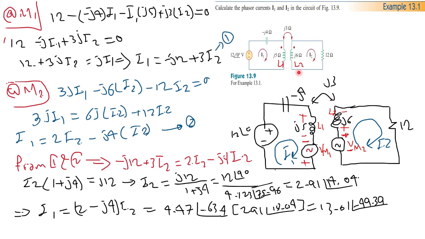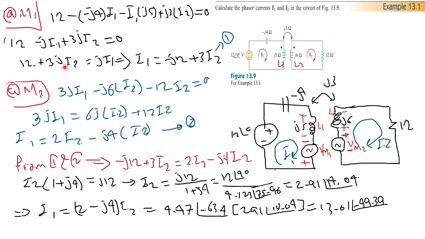Because it's an opposing connection case, the mutually induced voltage has the opposite sign to the self-induced voltage. If we work on the expression here, we have 12 minus j I1 plus 3j I2 equals 0.